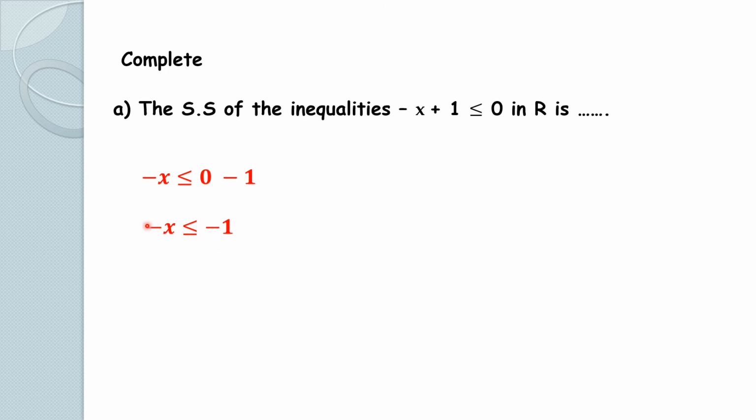To remove the negative sign from x, we will change the inequality sign. So x more than or equal 1, which means the solution set is 1 closed and infinity open. Here we write it.